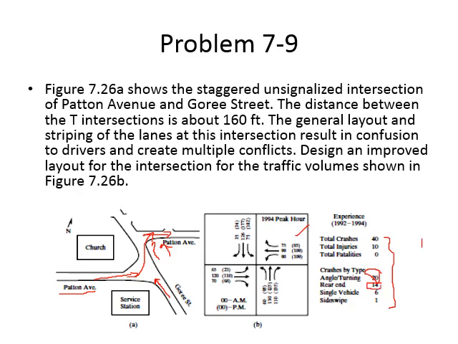Rear end means one vehicle has stopped, and the vehicle coming from behind did not expect it to stop and hit it. So rear end accidents and turning accidents are very high at this intersection. And if you look at the traffic volume, this street has higher traffic as compared to this avenue.